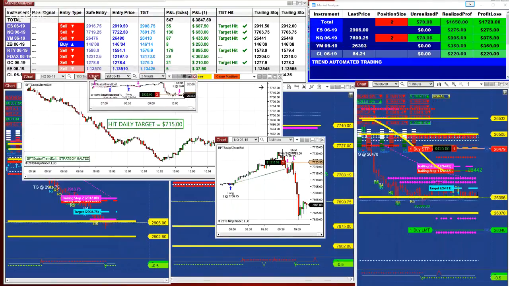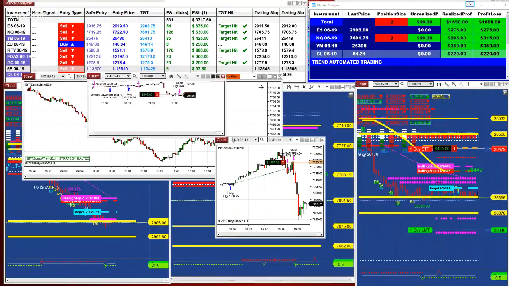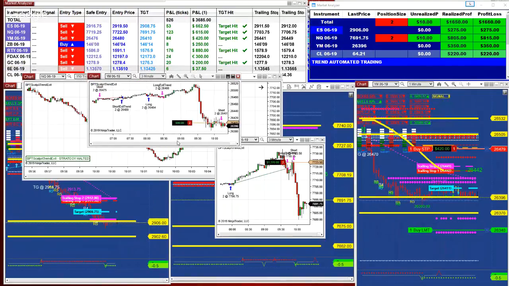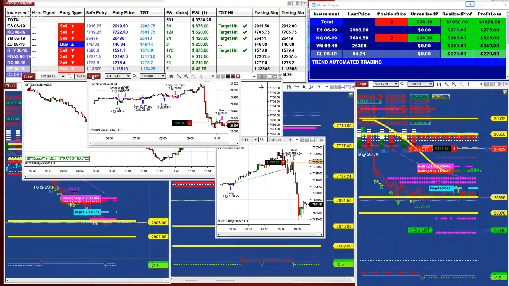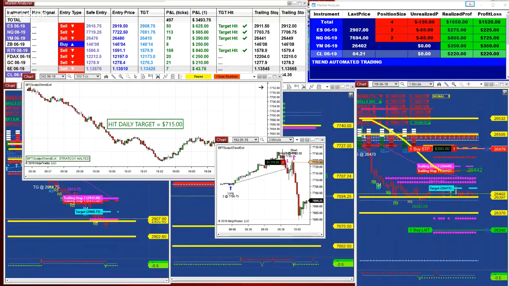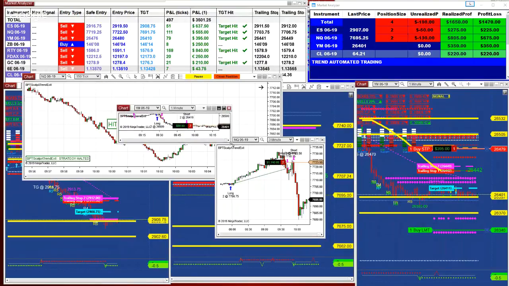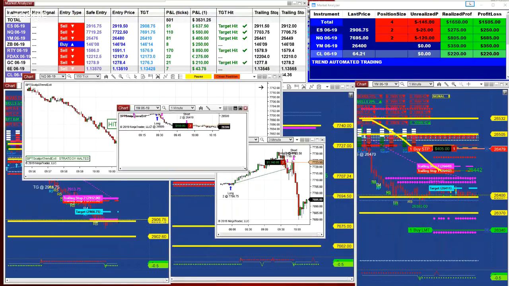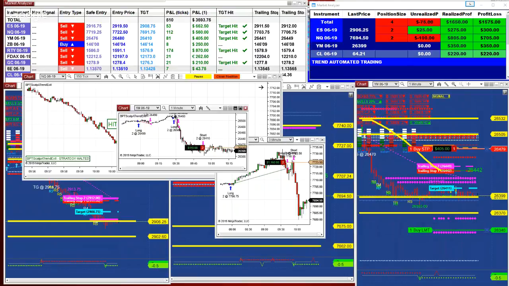The YM also took another trade right now. Actually, the YM didn't do well on the 3 minutes, but on the 1 minute it just took a trade. It's not much in that trade.